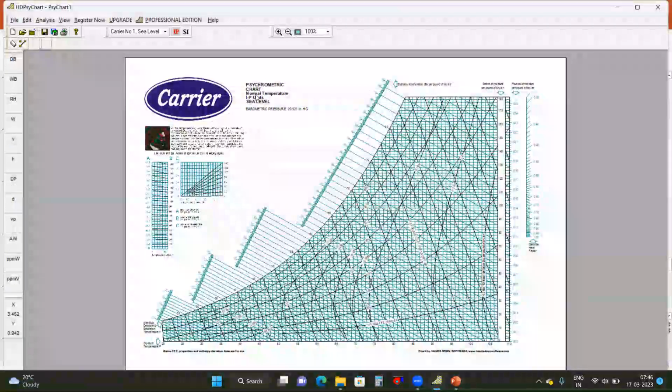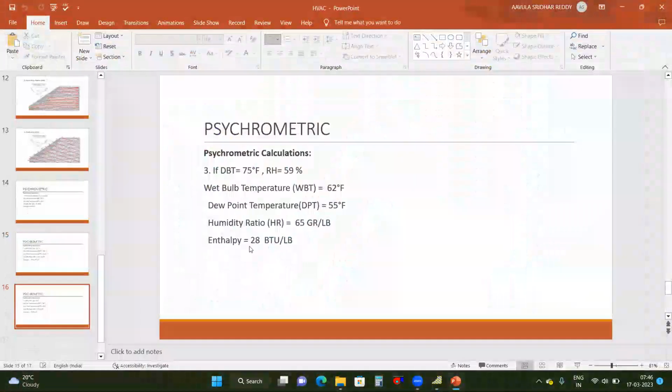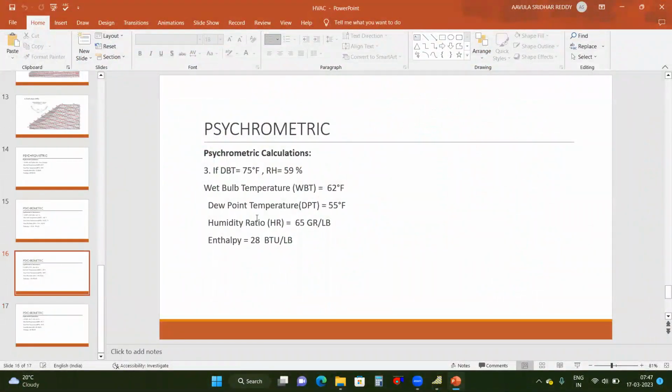Sir, in example 3, the dry bulb temperature is not given. In software we need to mention the dry bulb temperature, compulsorily. But in general, we need to mention the dry bulb actually.